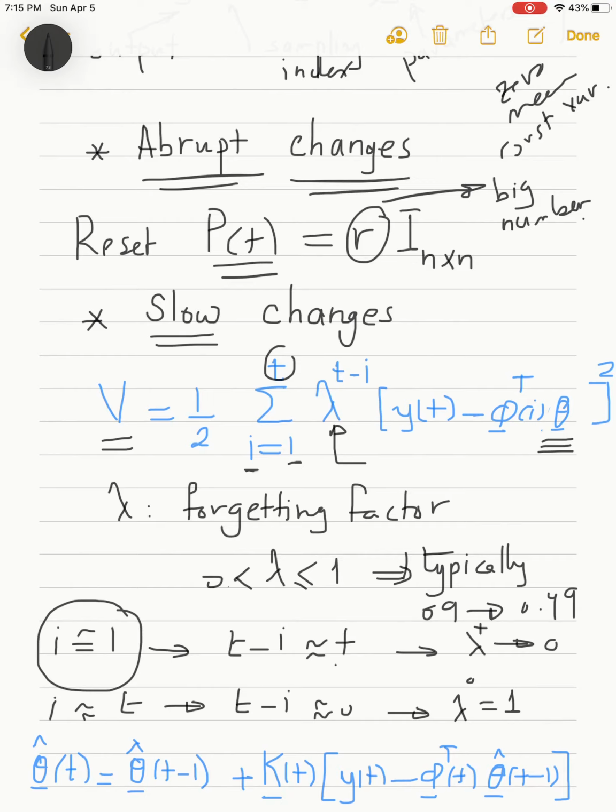So this is why it's called forgetting factor, because that factor actually gives less weight to earlier measurements and higher weight to recent measurements, and that would help us to base our new estimates of theta on the new measurements, so we'll be able to catch the variation of the parameters as we have explained.